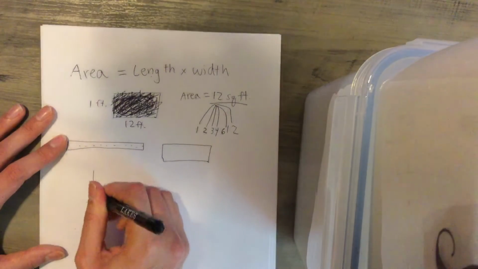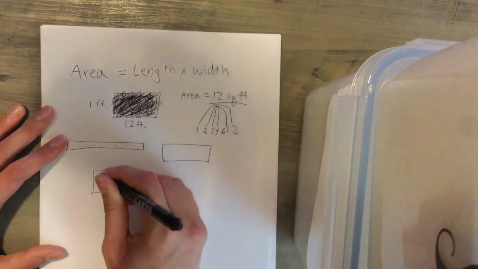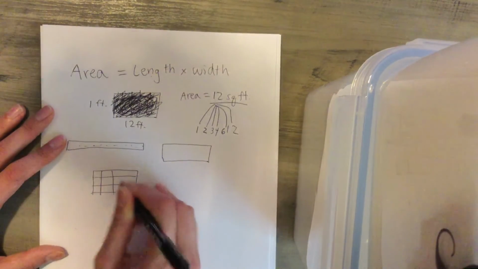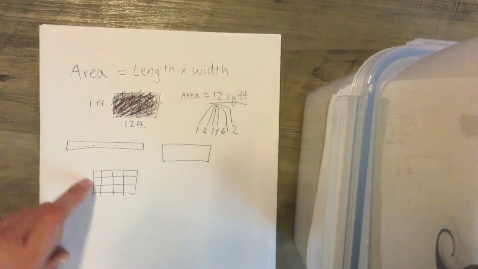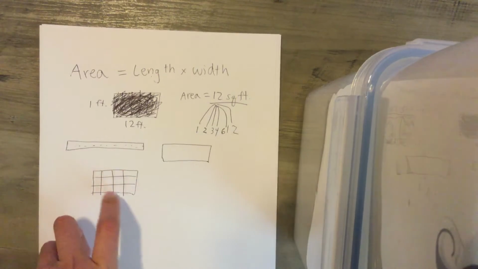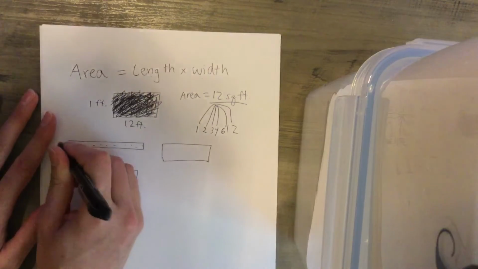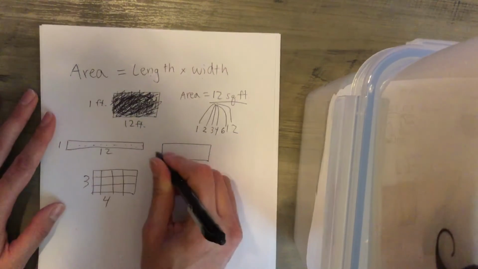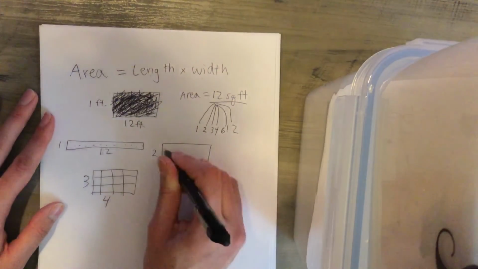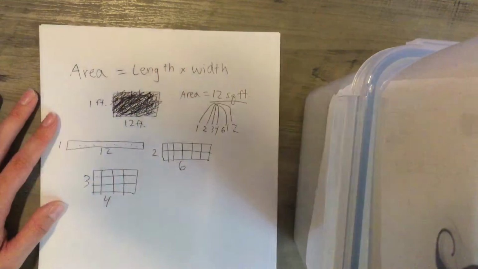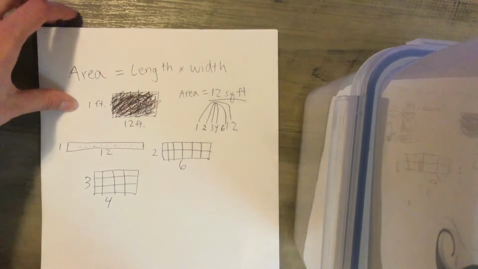Or we could do 3 by 4. Like that. Either way, make sure there's 12 boxes on the inside. So this one is the 3 by 4, this is the 1 by 12, and 2 by 6. Like that. Okay, awesome.